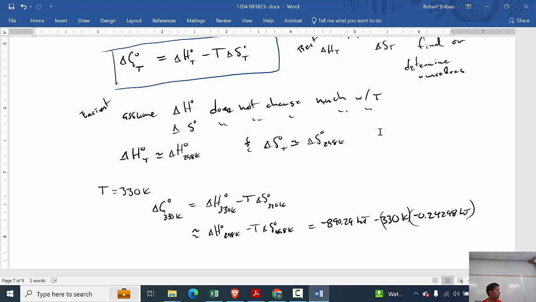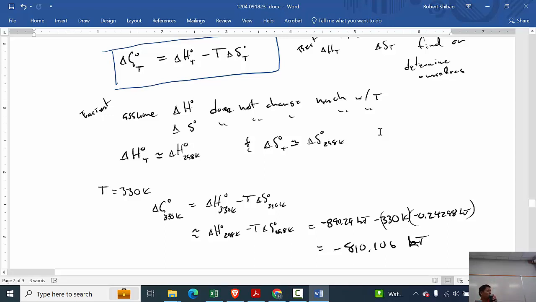So I'm going to get 330 times 0.24298 minus 890.29, which is minus 810.106 kilojoules. So did the driving force increase or decrease?